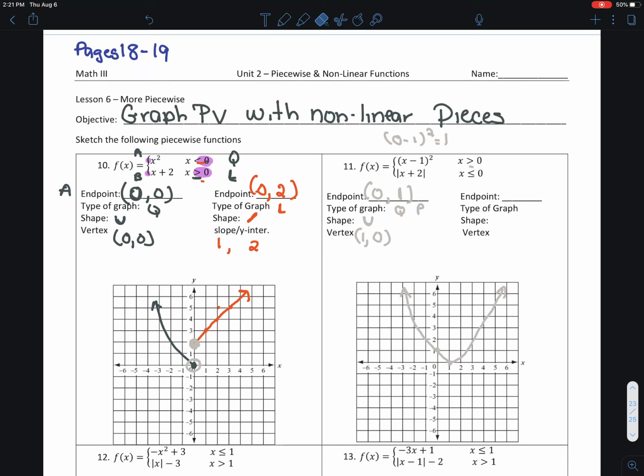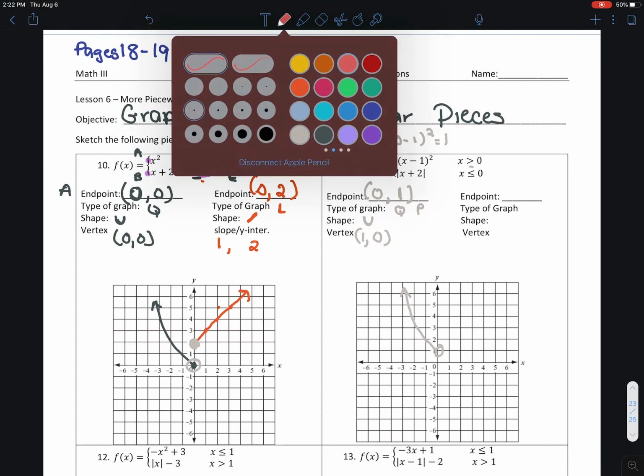Okay, because this is my vertex, so it would look like this. But my graph ends at 0. So I'm going to erase all of this because my graph ends at 0. And it has an open circle, so it's going to have an open circle at x equals 0.